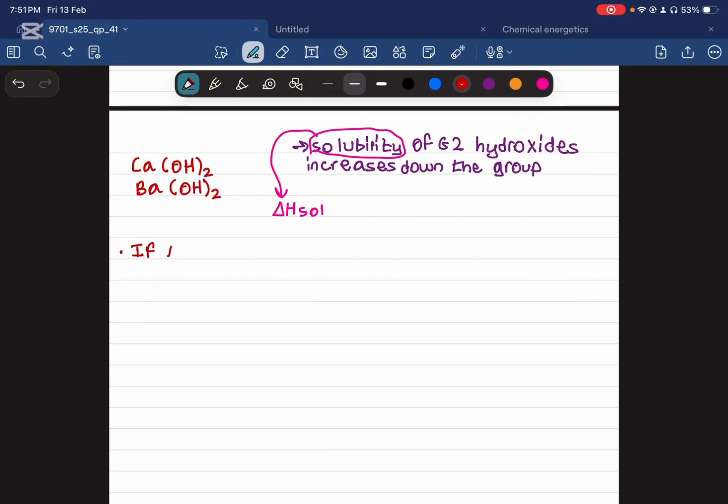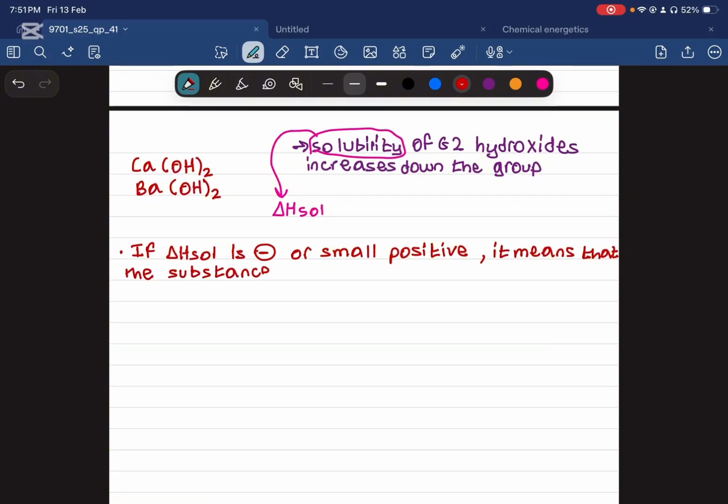If the enthalpy change of solution is negative or small positive, so it's positive, yes, but a very small magnitude, it means that the substance which you dissolved, in our case calcium oxide, is soluble.